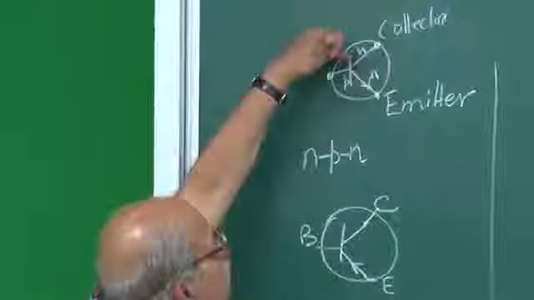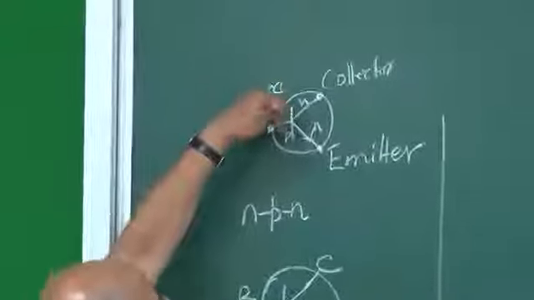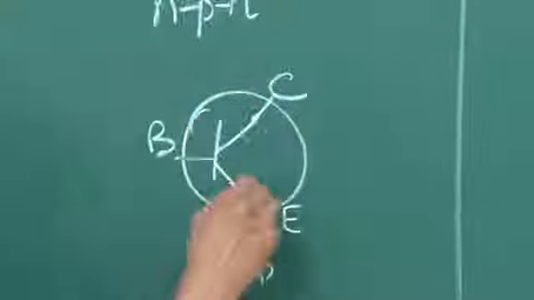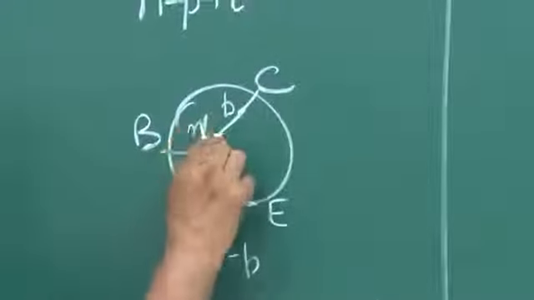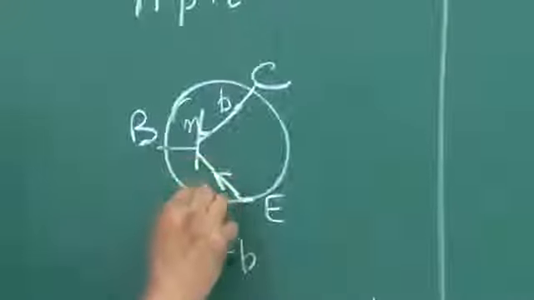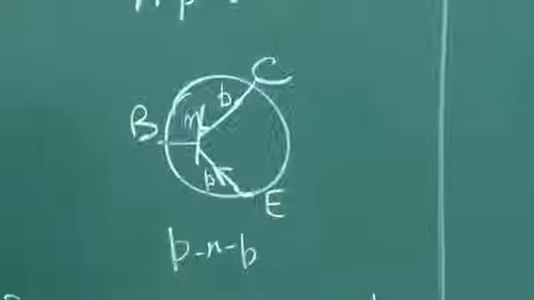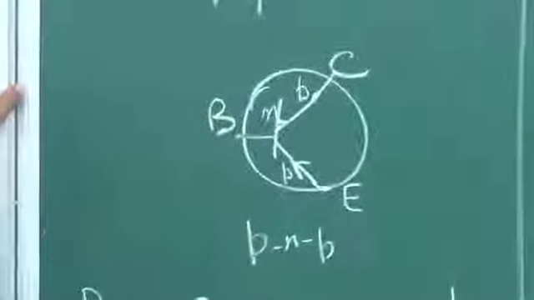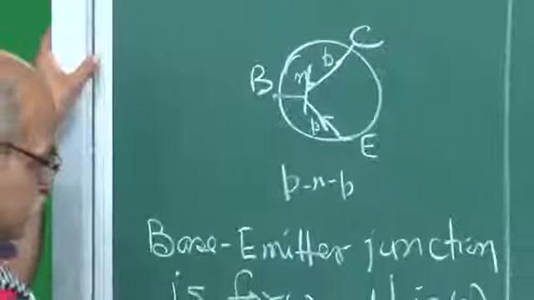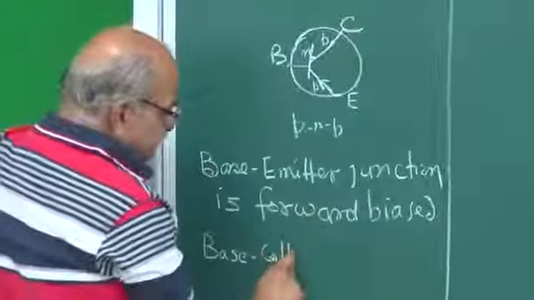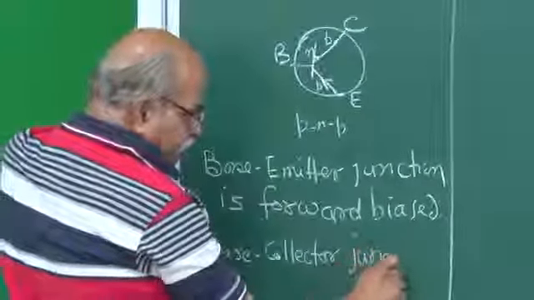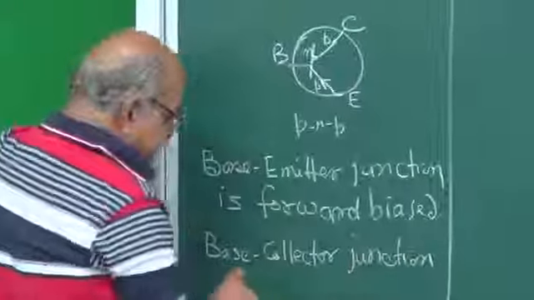The other junction is at the base and collector. Here, this is base, this is collector, this is PNP. So, this is P and this is N. So, this is base collector junction. So, what happens here? Base collector, how do we connect that? In normal operations, the base collector junction is reverse biased.